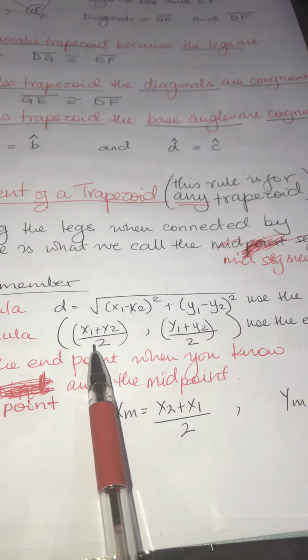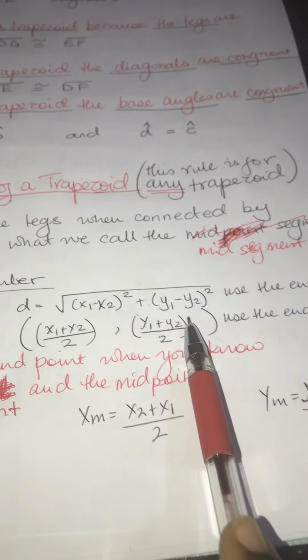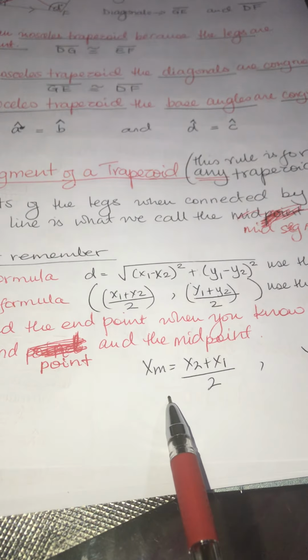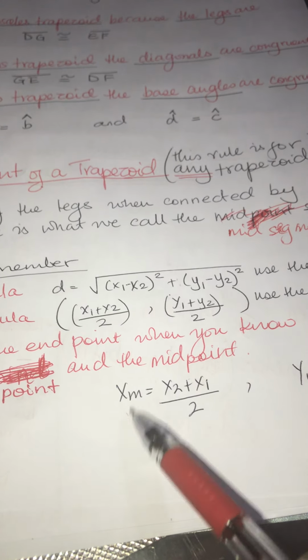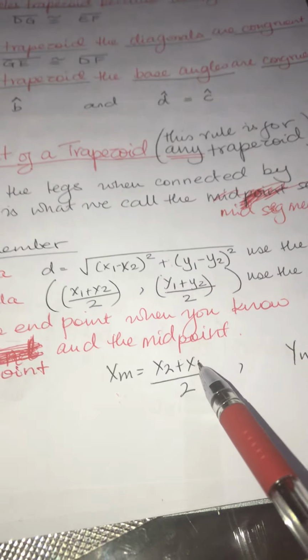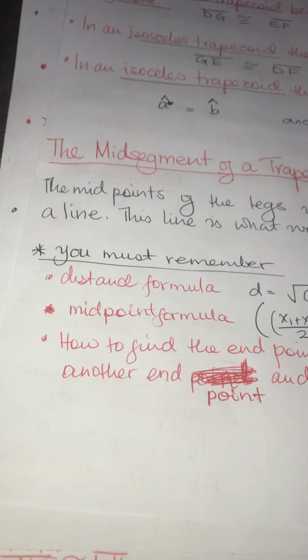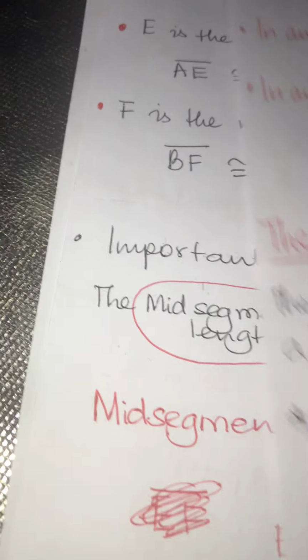So you need the x value of the ordered pair and the y value of the ordered pair. And then this one will help you to find the other endpoint. Where you know the midpoint, you put the number for the midpoint, and you know x1, and then you need to find x2. That's what this is, finding x2 and y2. That we learned in chapter 10.